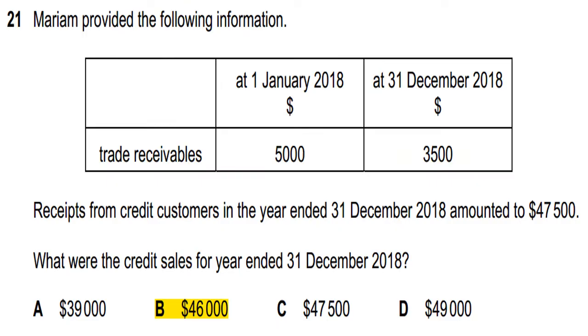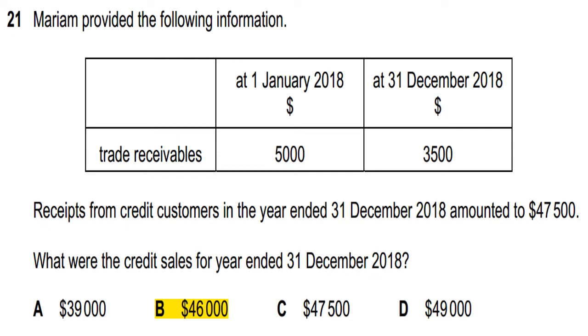And question 21: Mariam provided the following information. Trade receivables at 1st January 2018 were $5,000, and trade receivables at 31st December 2018 were $3,500.